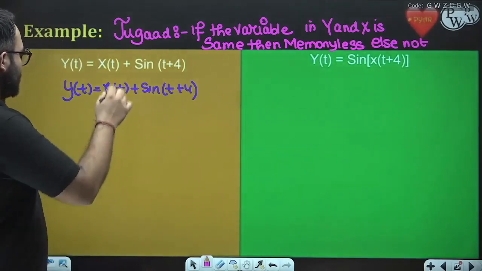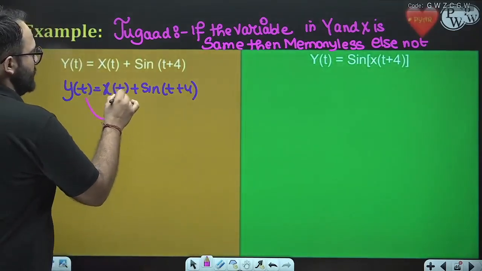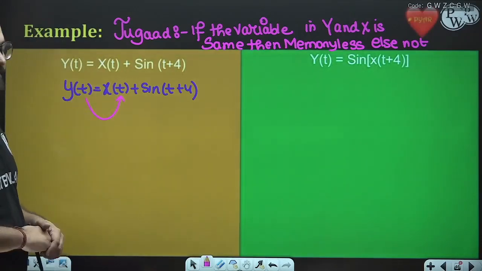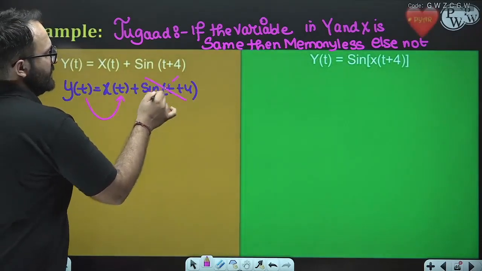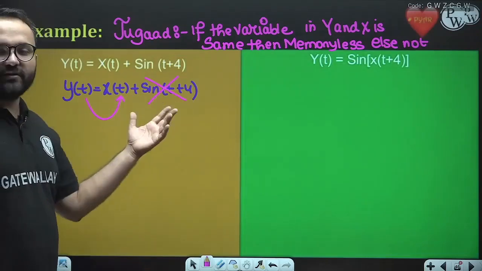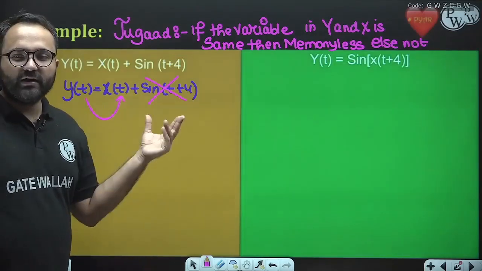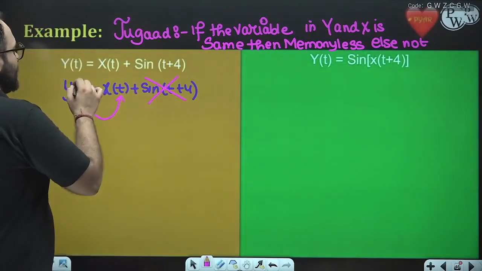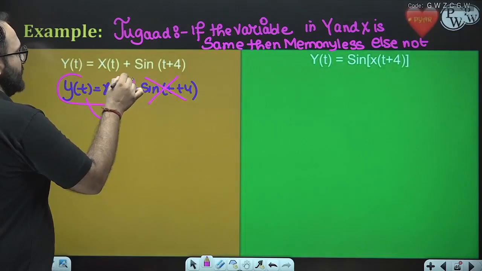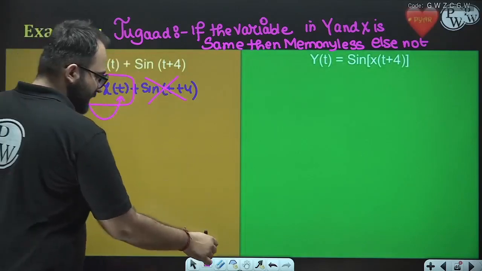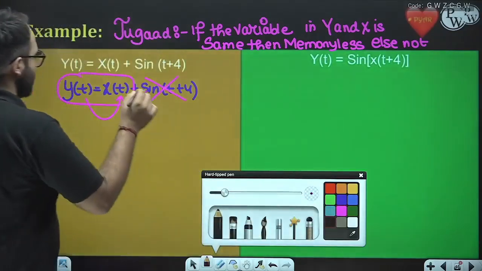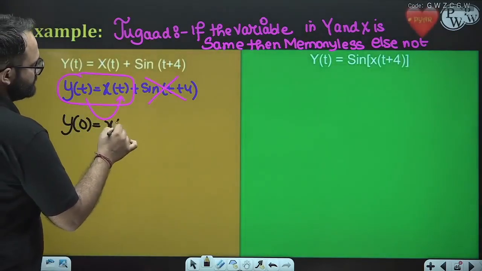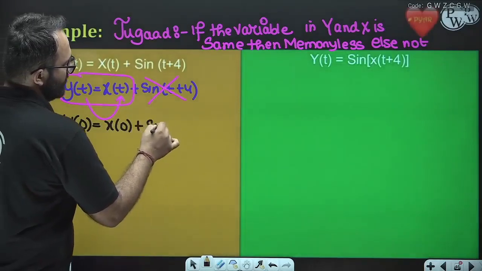So let us see that here. The variables are the same. Yes, y(t) and x(t) variables are the same, and the sine term is not affecting the type of system because it is not the input. So it will not be taken into consideration while we are finding the type of system. Only these are effective. We can also see that y(0) is equal to x(0) plus sin 4.